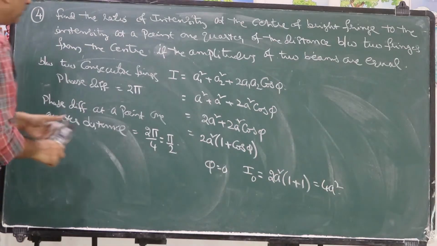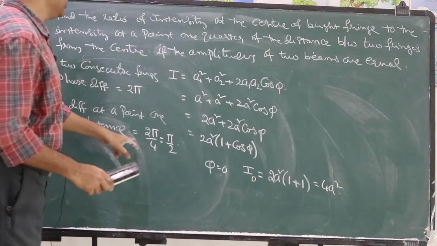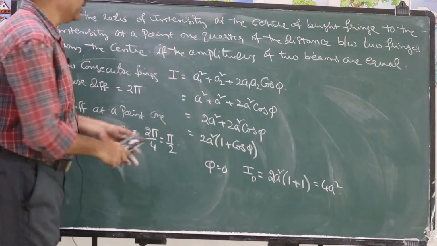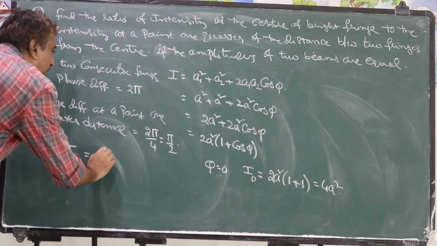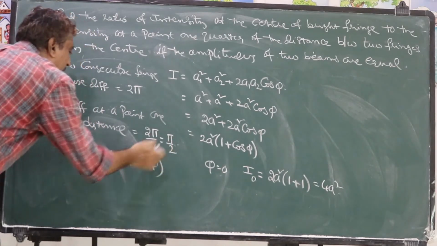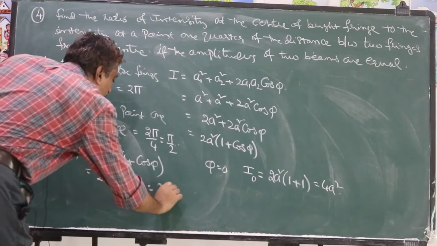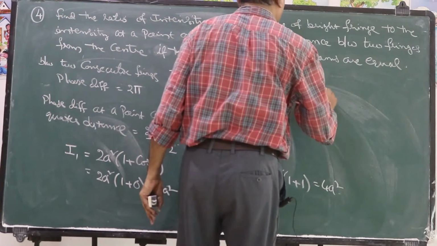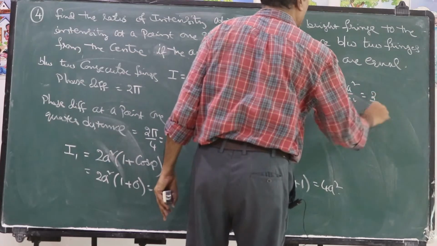Now substitute this pi by 2 in this formula. Let us consider that as I1. So I1 is equal to 2A square into 1 plus cos phi. As cos pi by 2 is 0, this is 2A square into 1 plus 0, that is 2A square. Now the ratio of these two is given by I0 by I1 is equal to 4A square by 2A square, that is 2 by 1, that is 2:1.